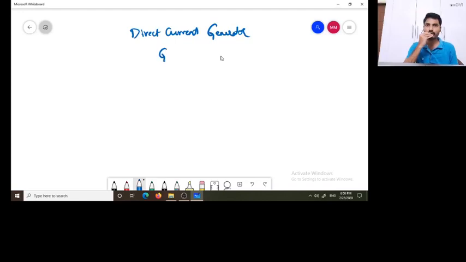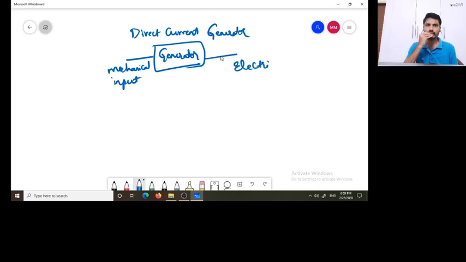So you already know about a generator. A generator takes a mechanical input power and converts it into electrical output power.